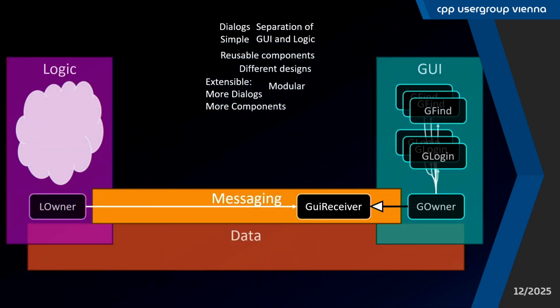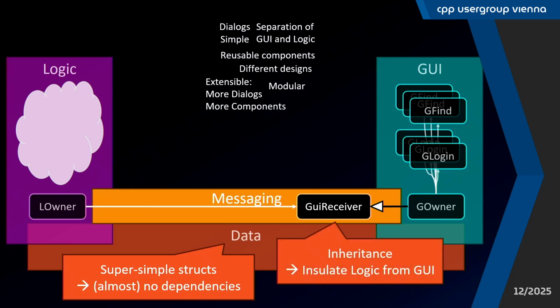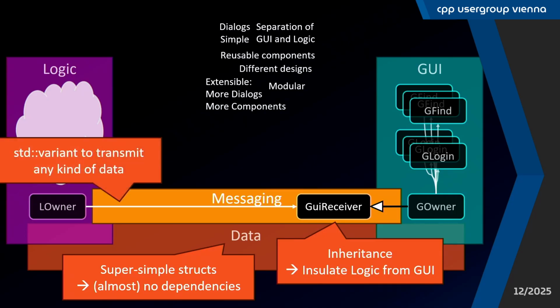Yeah, as I said, I will not look more deeply into the logic side, but to summarize, we have super simple structs on the data level, which have almost no dependencies. We have a place where inheritance is really valuable because it insulates logic and GUI. We use std variant to transmit any kind of data, which means I'm extensible.